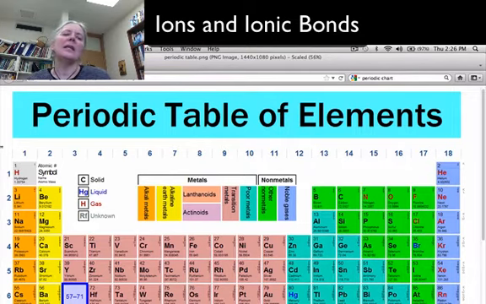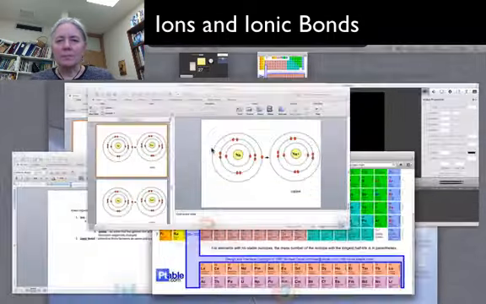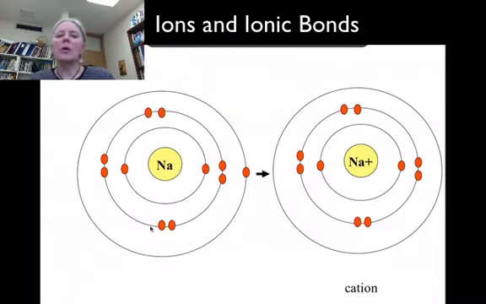Let's take a look at an example, because it'll be easier to show you with a picture. I want to look at sodium. We looked at sodium one other time, and we can see that it has an atomic number of 11. That means it has 11 protons, and in the neutral state would have 11 electrons. Let's take a peek at what sodium is going to look like.